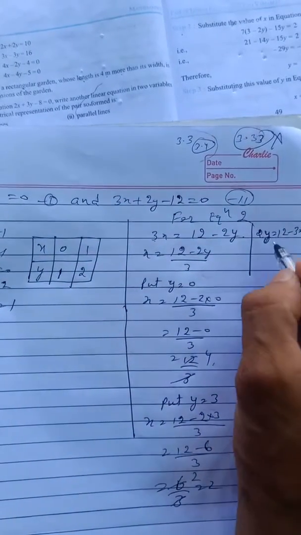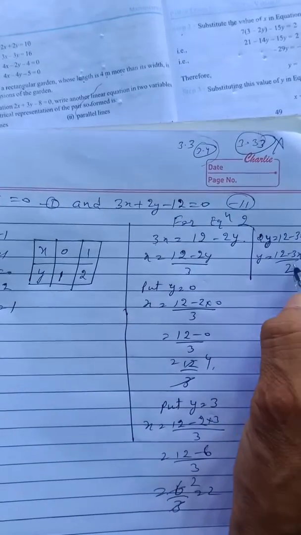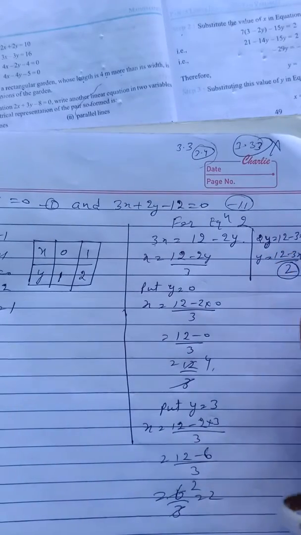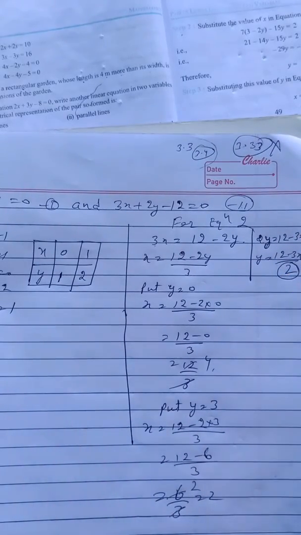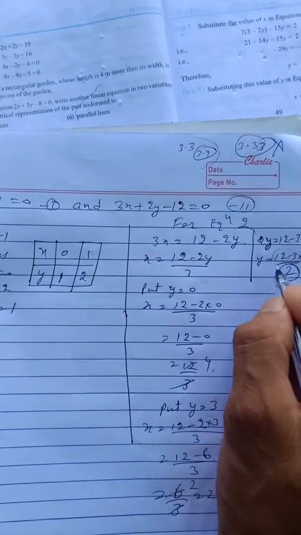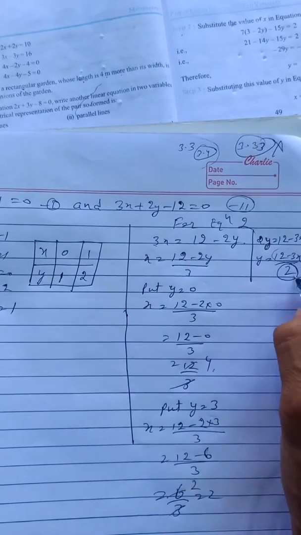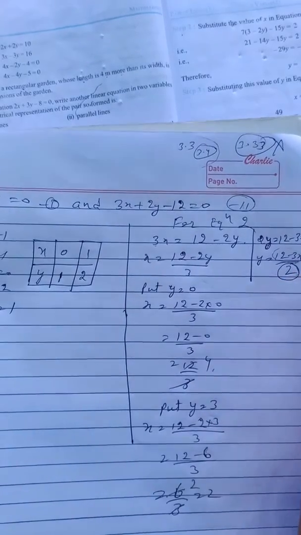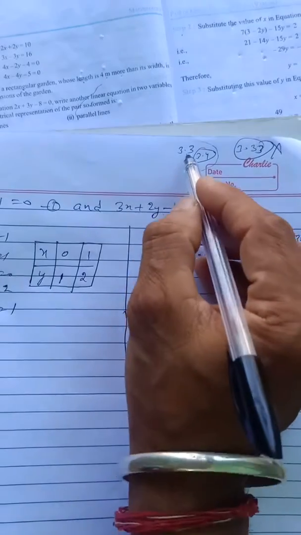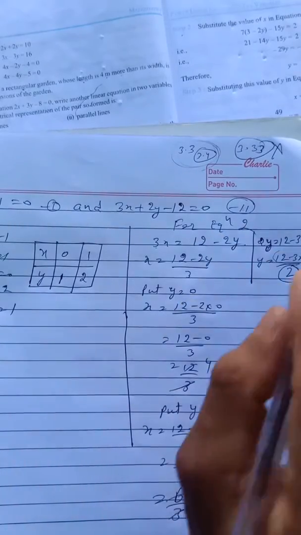Or we can also write y is equal to 12 minus 3x upon 2. If 2 is here, then whatever value it may be, we find it by subtracting from 12 and easily dividing by 2 in a proper way, whether it is 3.3 or 4.5 or 6.5.